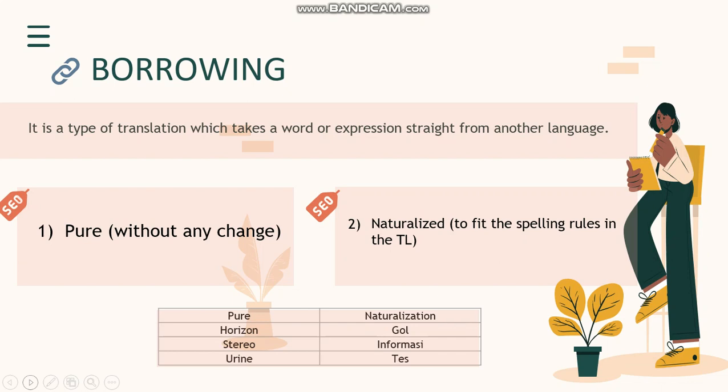The first is pure borrowing, which means without any change. The second is naturalized borrowing, which is used to fit the spelling rules of the target language. Here are examples for pure borrowing: horizon, stereo, and urine. For naturalization, we have goal, informasi, and task.